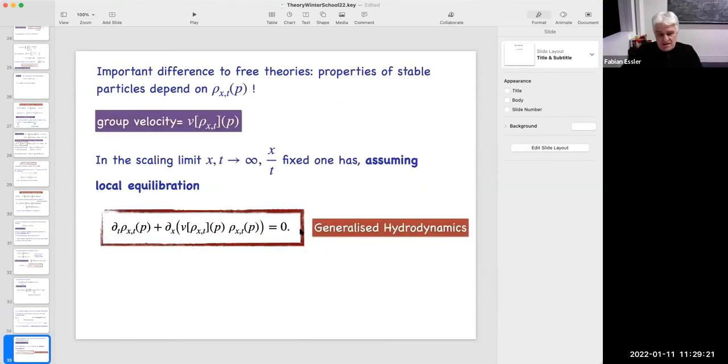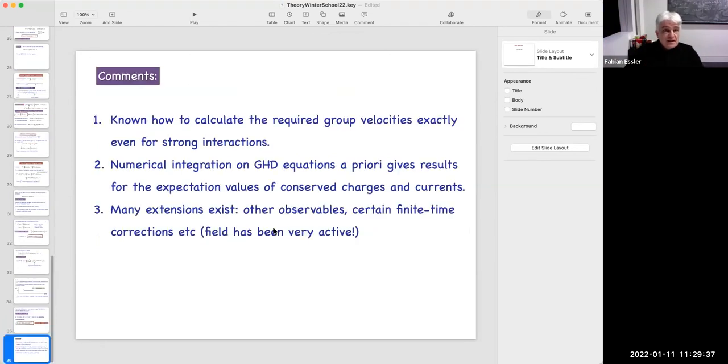And so this evolution equation is called generalized hydrodynamics. And that is the theory that describes, for example, these experiments that I started with at the beginning, or some variant thereof.